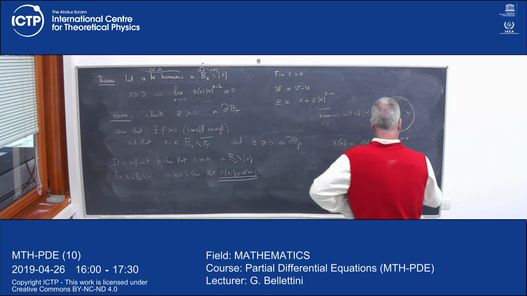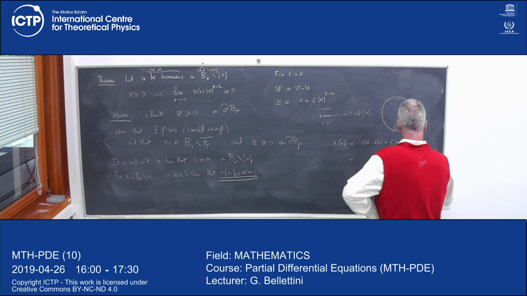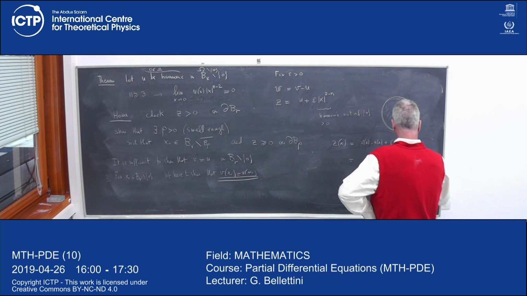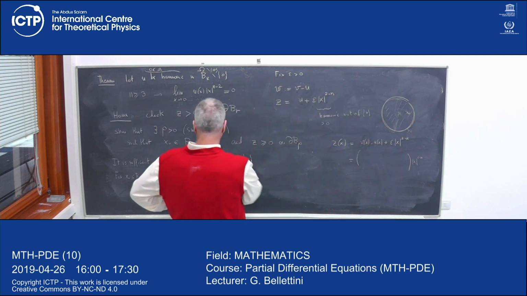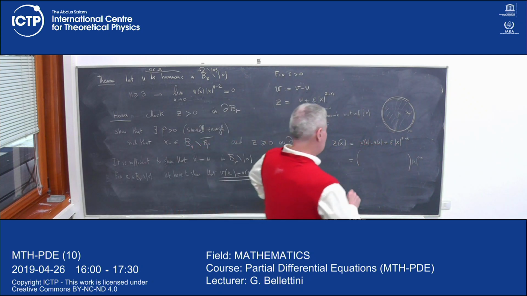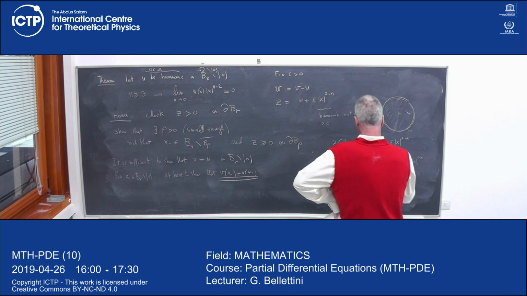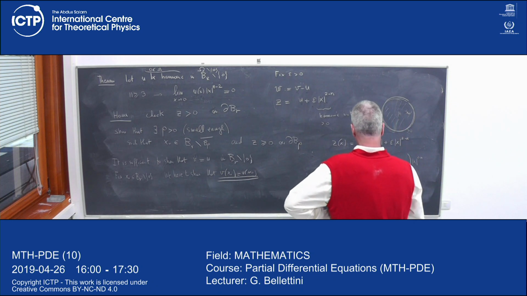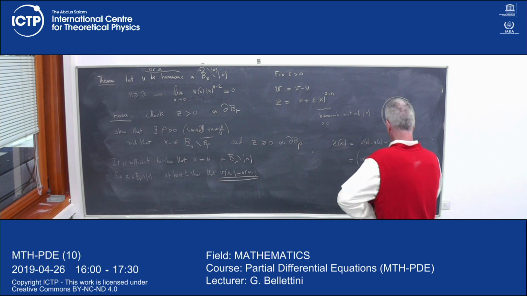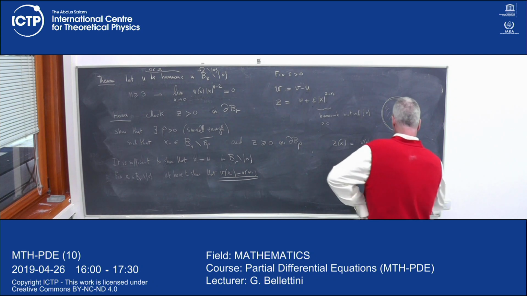So the idea for doing this computation is the following. You just do this: v of x times x to the n minus 2, minus u of x times x to the n minus 2, plus epsilon.